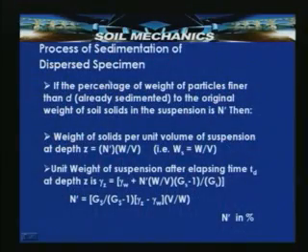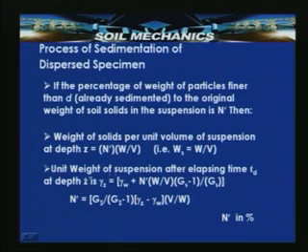So, weight of the solids per unit volume of suspension at depth z is given by n dash into W by V, where Ws is equal to W by V. So, unit weight of the suspension after elapsing time t can be determined at depth z as gamma z is equal to gamma W plus n dash W by V into Gs minus 1 divided by Gs.